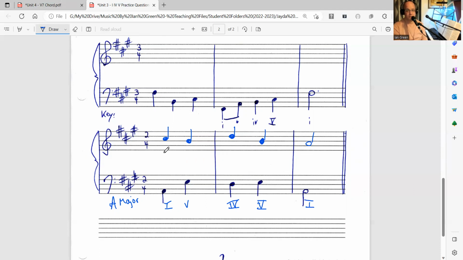Then we can fill in the rest of the notes, again checking that the voice leading is successful and smooth, where if there's an occasion to write a large leap in the same voice, you might want to reconsider the groupings of notes so that there's always smooth voice leading as much as possible.